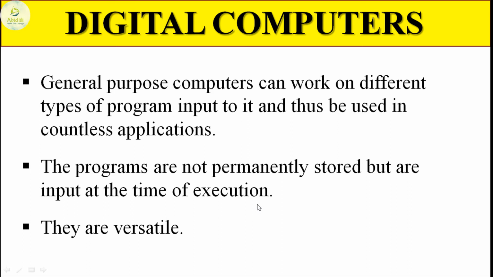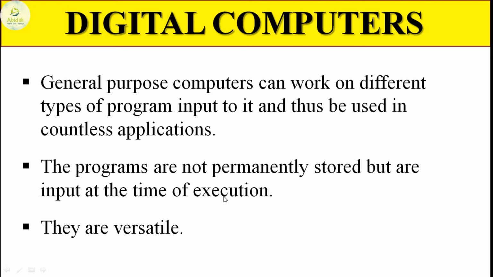Then we have the general purpose, not the specific purpose or special purpose. A general purpose computer can work on different types of programs it gets as input from the user, and thus can also be used in countless, or n number of applications. The programs are not permanently stored, but they are input at the time of execution.